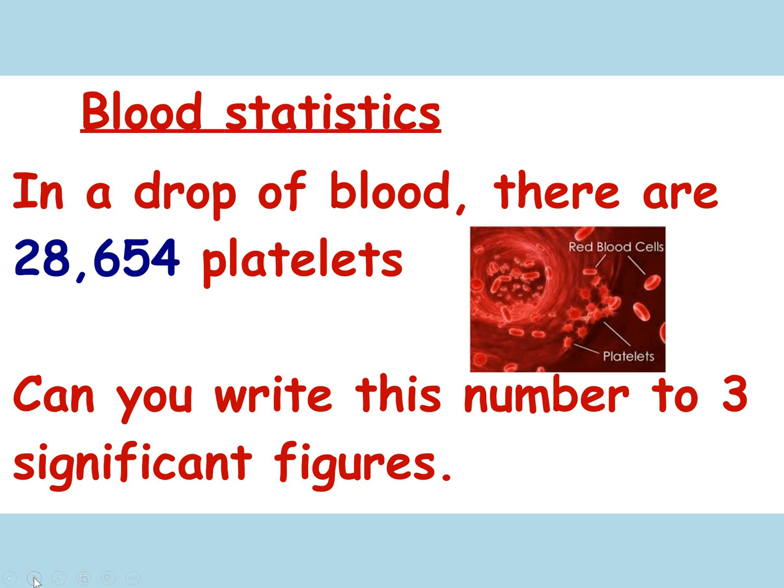So can you write this number to 3 significant figures? Write this number in the first column of your table. Then it'll say for 3 significant figures, and write that number to 3 significant figures.